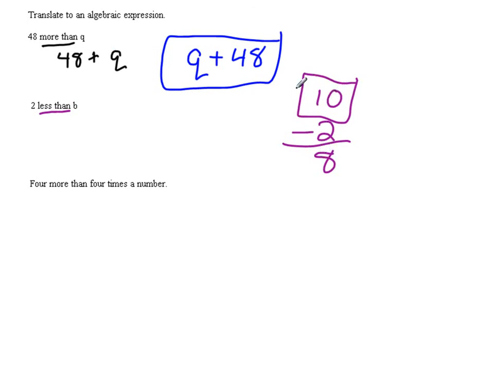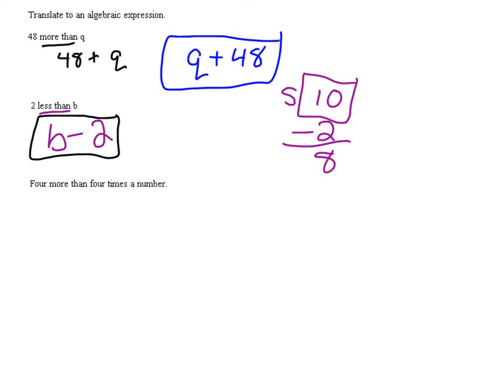I took what I started with and then subtracted out the 2. That's the same deal here. We're starting with B and we have 2 less than whatever B is. It almost reads backwards to some students, and this is the only way to write our answer.